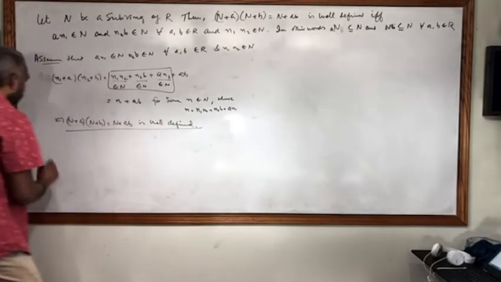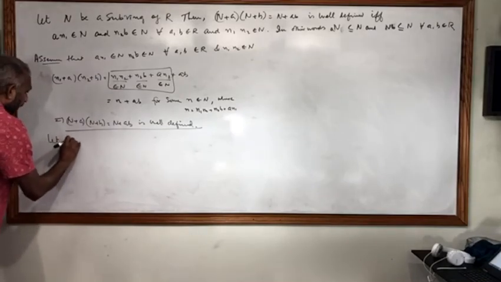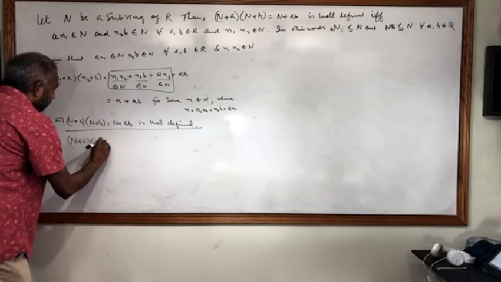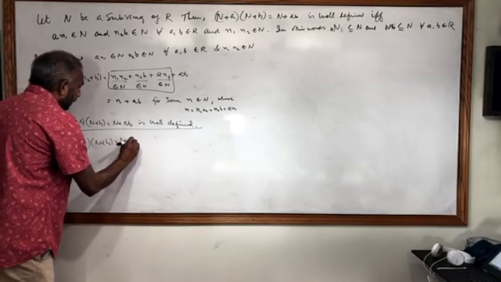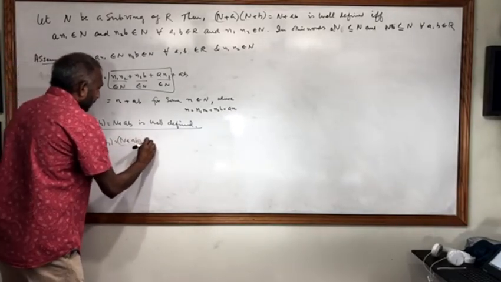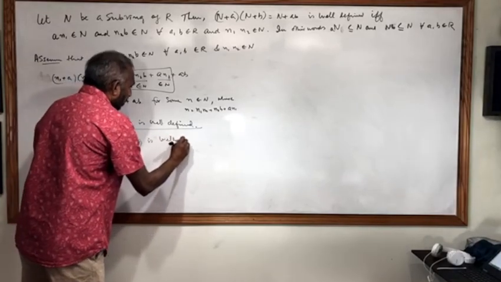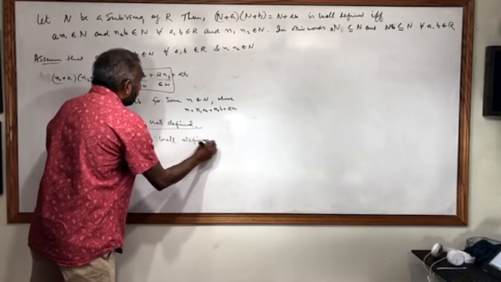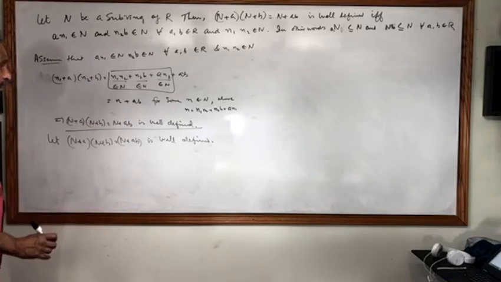Now let N plus A times N plus B be equal to N plus AB, well defined. We need to prove that these two conditions are satisfied.